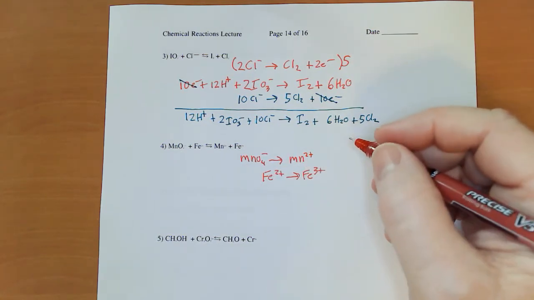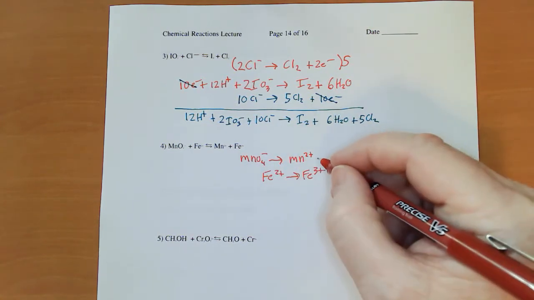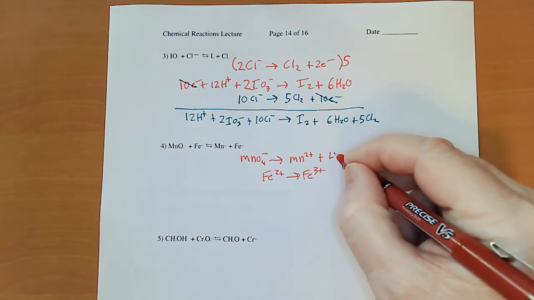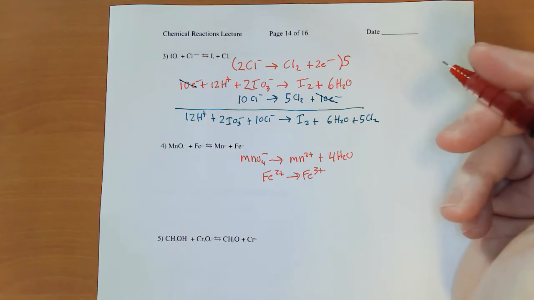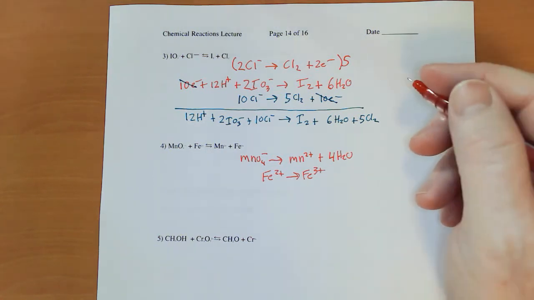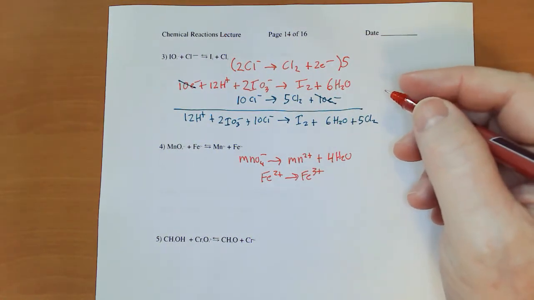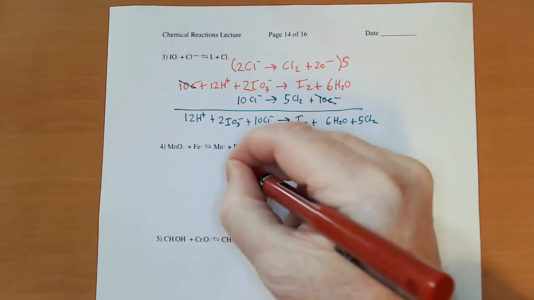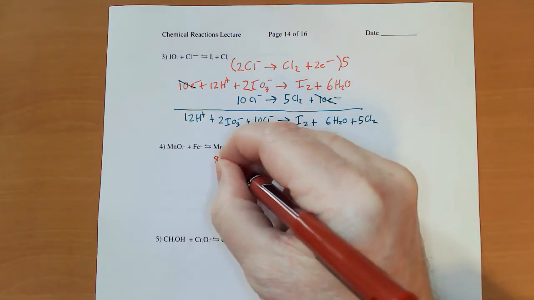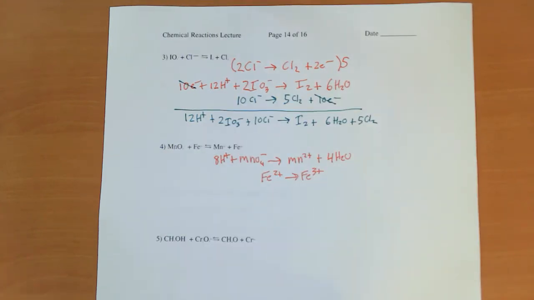We're good. Oxygens, I've got 4 and none, so 4 waters. Hydrogens, none in the bottom, but here I've got 2 times 4, which is 8, so I'm going to put 8 H plus.